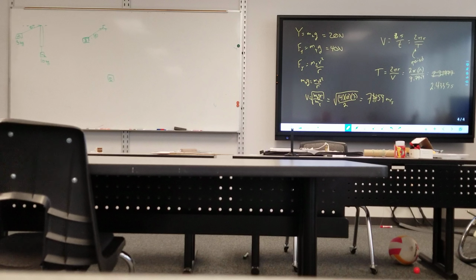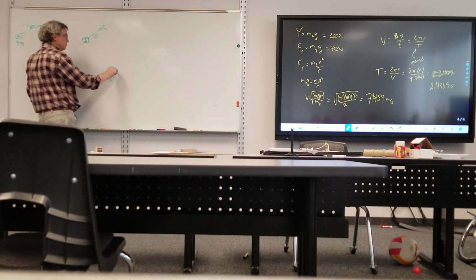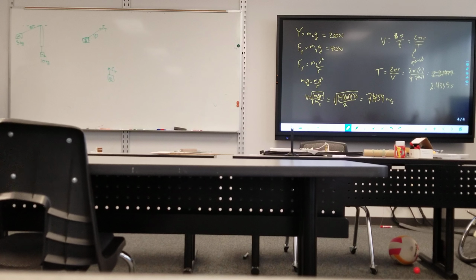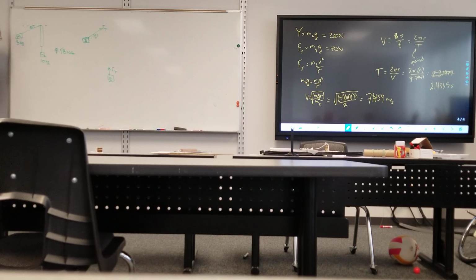Which way is it acting on the 10? Up. It's holding it up, the 10's not in free fall. Okay, so we got tension done. There's not going to be another, and not going to be friction.